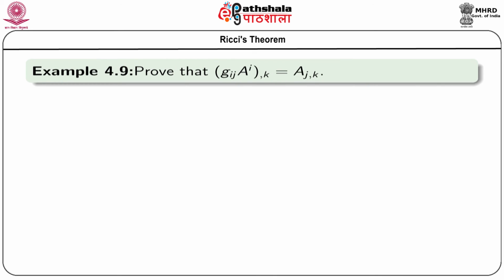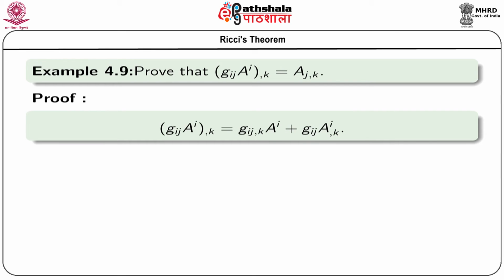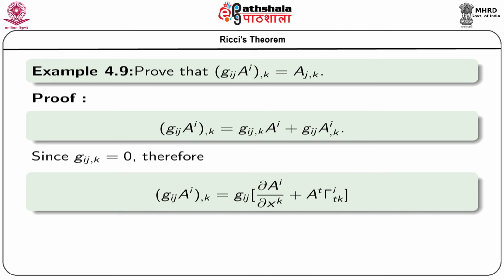We can also prove this one: (g_ij a^i),k equals a_j,k. Now, again by the product rule we can write (g_ij a^i),k equals g_ij,k a^i plus g_ij a^i,k. Since g_ij,k equals 0, we get (g_ij a^i),k equals g_ij a^i,k.